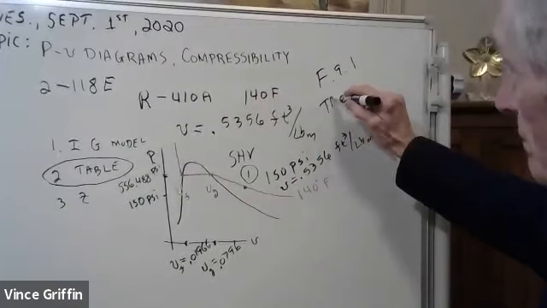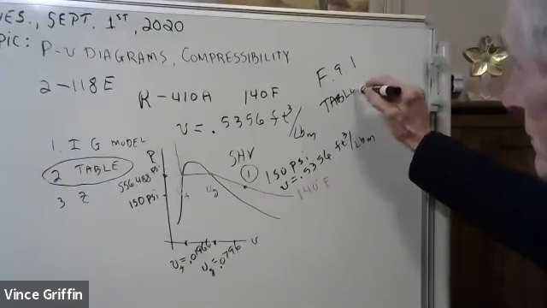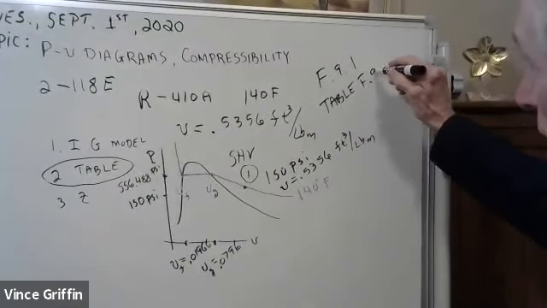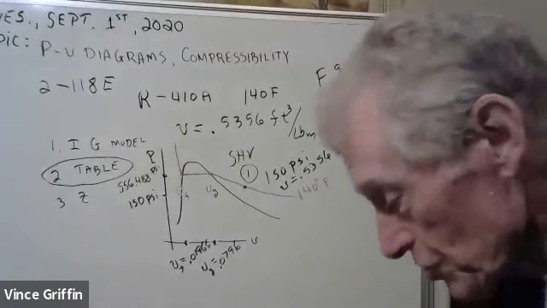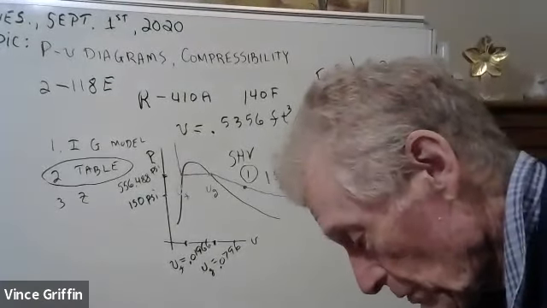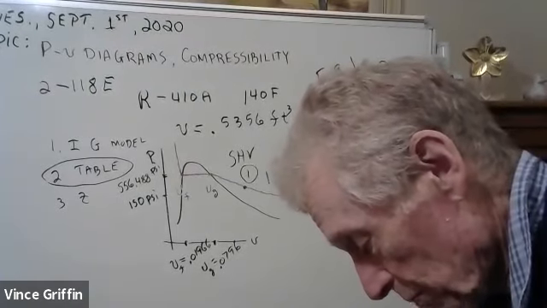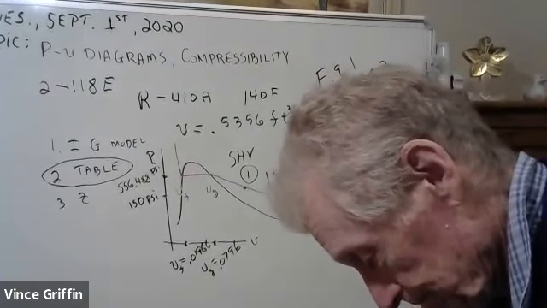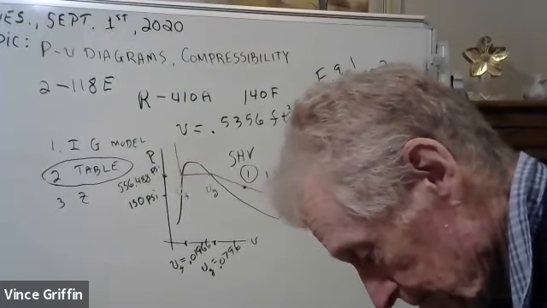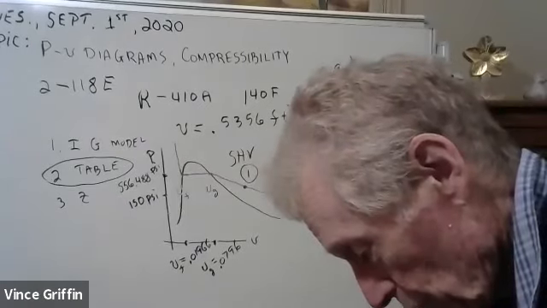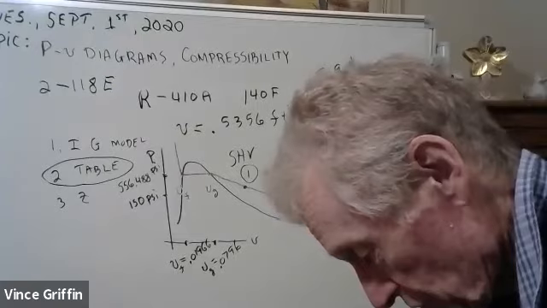You need table F.9.2. Shop around till you can find the 150 PSI. Can you find it? Yes. Now look at the 140 Fahrenheit at 150 PSI. What does it say?